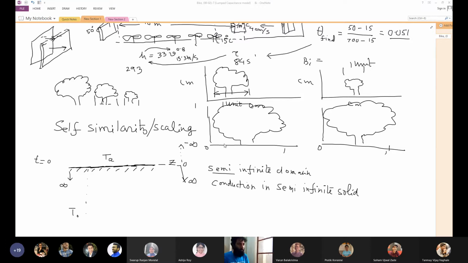See, this surface is always at TA. We always maintain the surface at TA. So at z equals 0, the temperature is always TA.